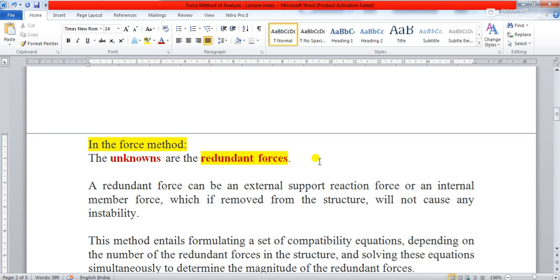As I mentioned just now, a redundant force can be an external support reaction force, or it can also be an internal member force.